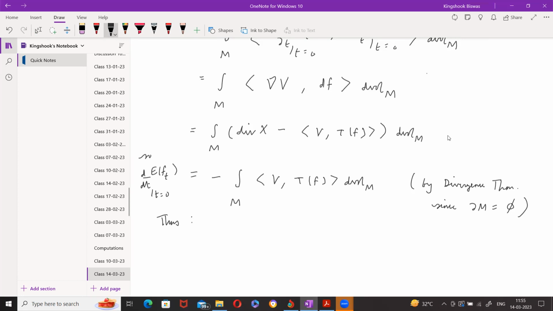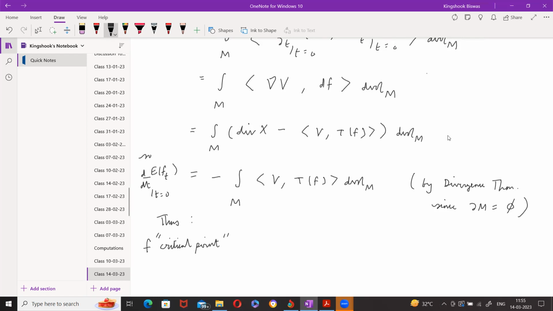So what happens if you have a map which is a critical point of the energy functional? What does it mean to be a critical point of the energy functional?